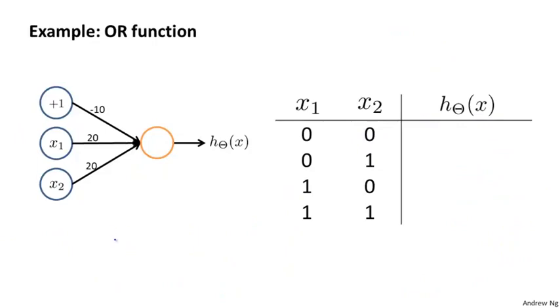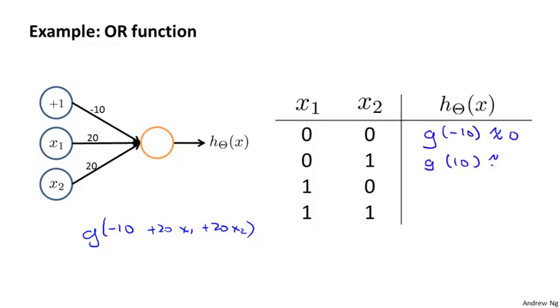Just to show you how I worked that out, if you write out the hypothesis, you find that it's computing g of minus 10 plus 20x1 plus 20x2, and so if you fill in these values, you find that that's g of minus 10, which is approximately 0, g of 10, which is approximately 1, and so on. And these are approximately 1 and approximately 1, and this is essentially the logical OR function.